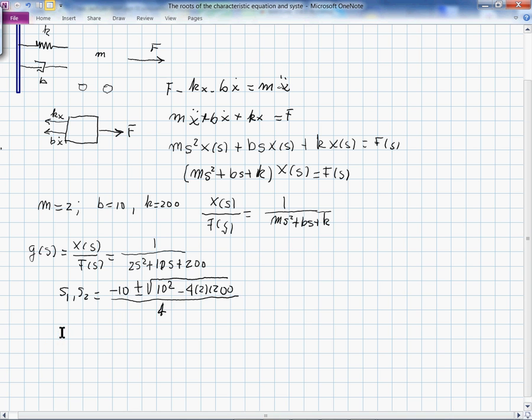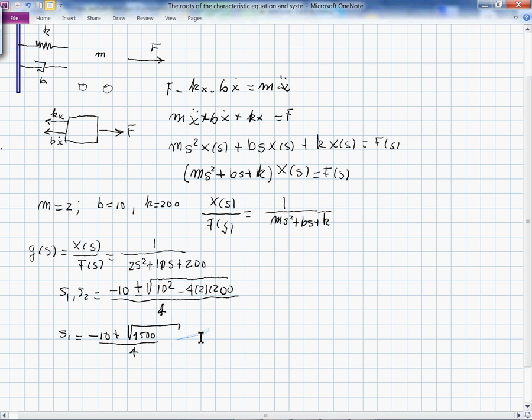Alright, so what values do we have? S1 is equal to minus 10 plus, this is 100, the square root of minus 1500, divided by 4.